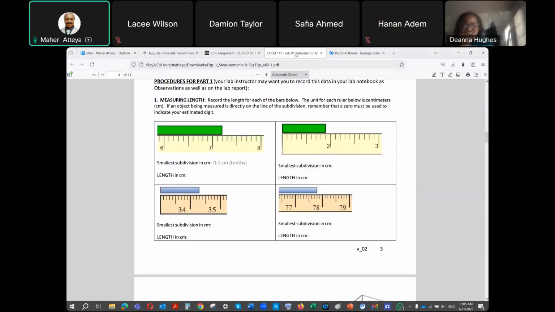Then you have to determine how much it reads here. Somebody tell me, in this picture, what is the length in the ruler? How much is it? 7.2. 7.2, right?